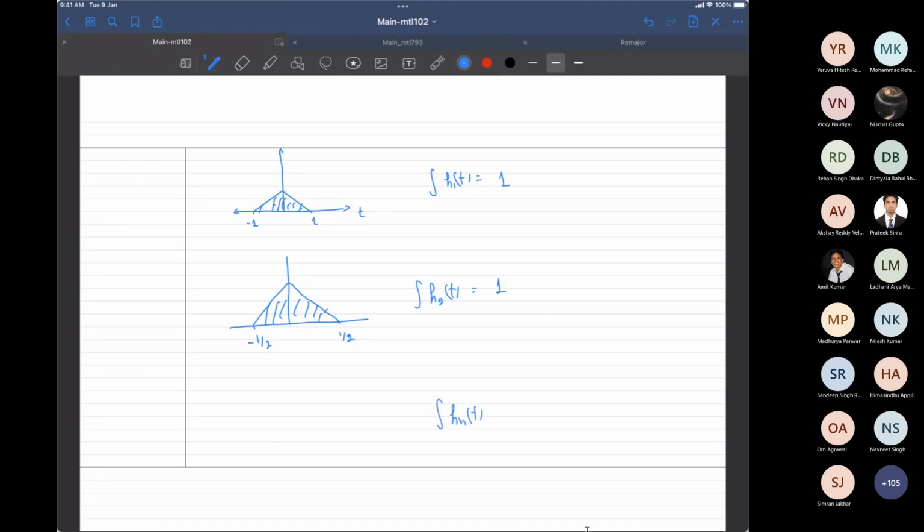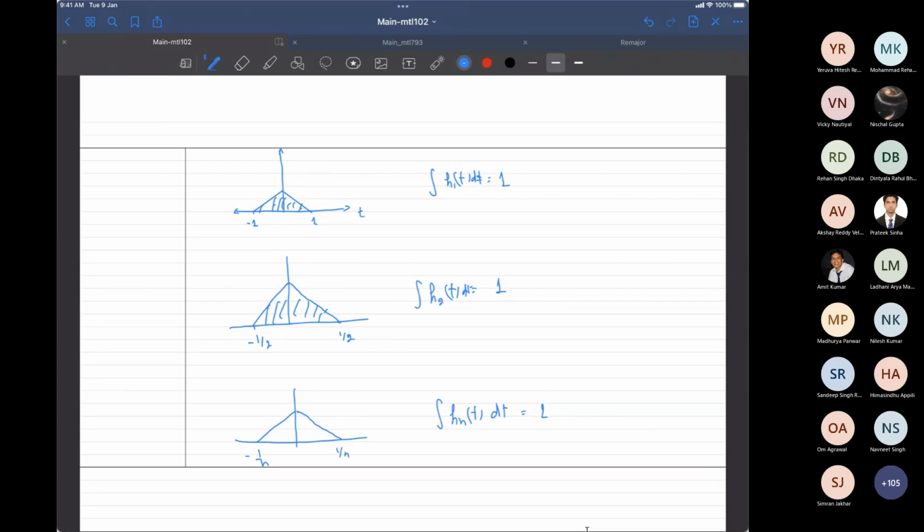So for the nth function, I will still have the integral to be 1. But they will be non-zero only from minus 1/n to 1/n.